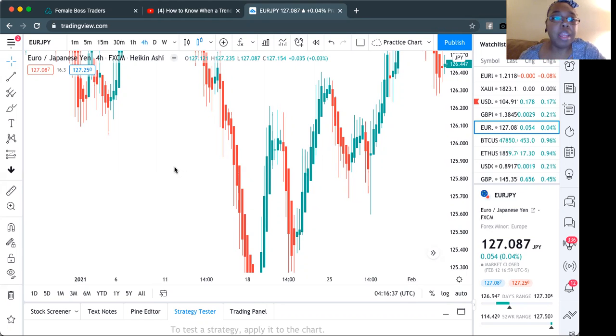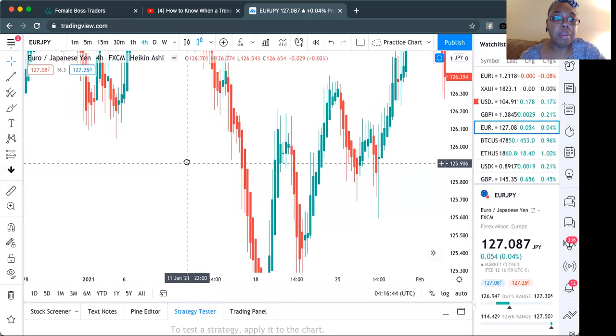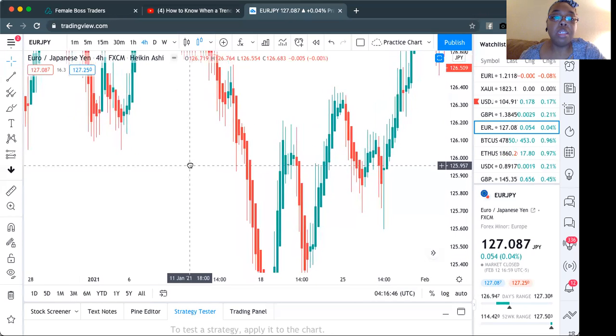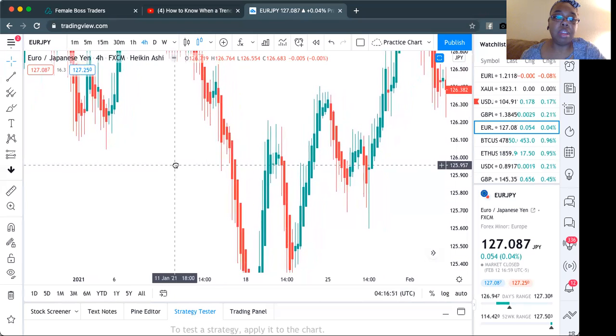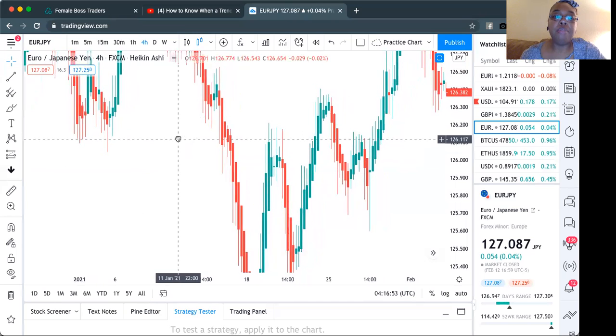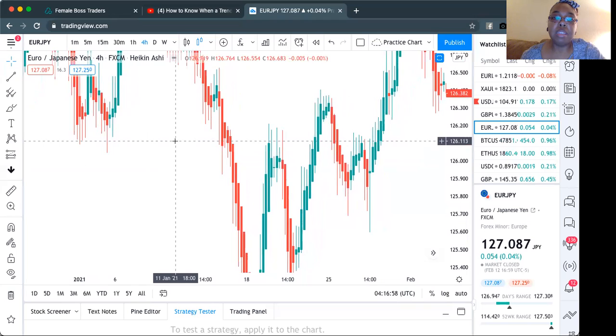So I am on the euro versus Japanese yen. Of course, when I'm looking at charts, guys, I always like looking at the Heikin Ashi candles, because I feel like it's not so much loudness. What I mean by loudness is when I'm looking at the regular candles, it's kind of hard to tell where the trend is going.